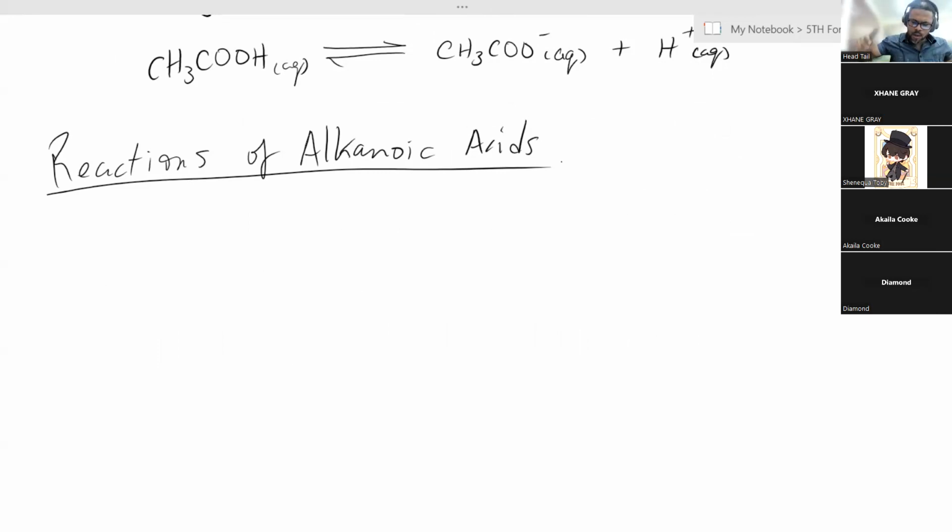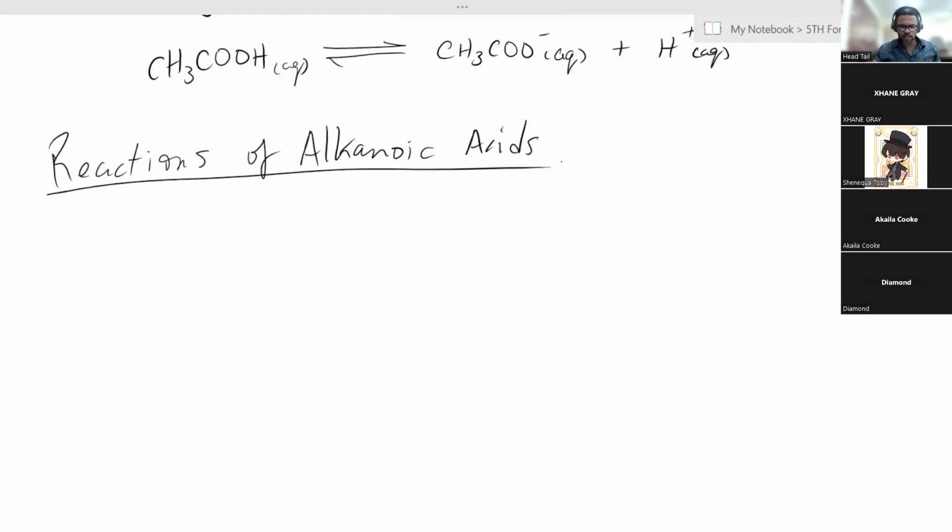react in a similar way to inorganic acids, such as hydrochloric acid, though the reactions are slower because the acids are weak. So they react just like hydrochloric acid and these other acids, but their reaction is slower because it's a weak acid. The hydrogen in the functional group can be replaced directly or indirectly by a metal and form a salt.